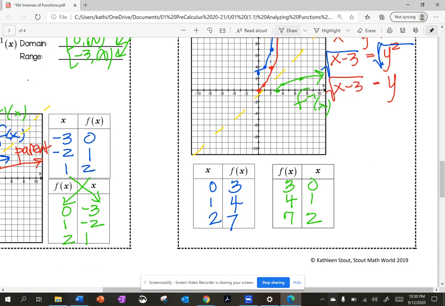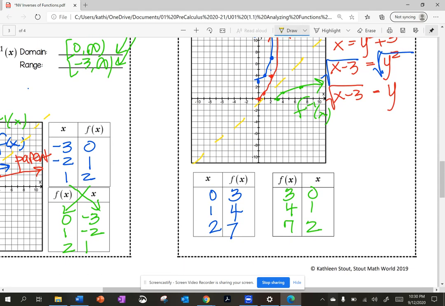So now I need to state my domain and range. So my domain for my original function. So domain is from left to right. So domain, I start at 0. I'm including 0, and I go to infinity. My range is from bottom to top. So I'm starting at 3, and I'm going to infinity.